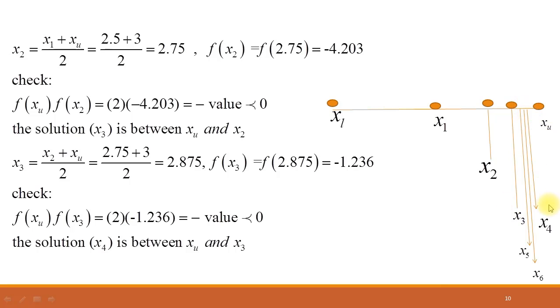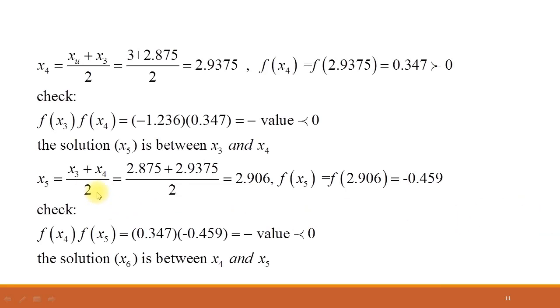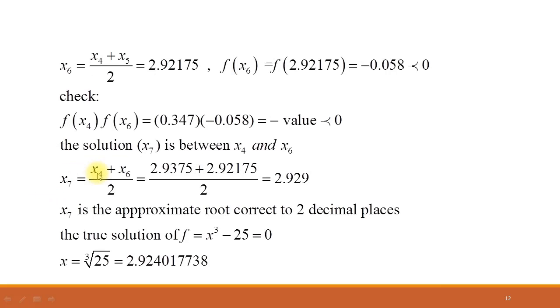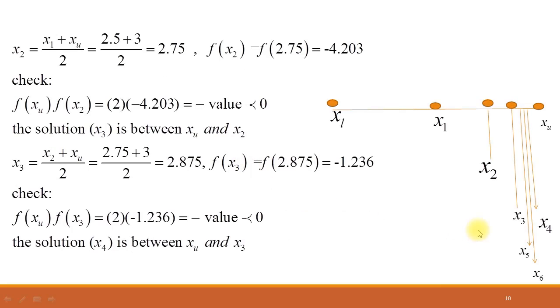So this is x4. Now for the fifth root, you see here the root lies between x3 and x4. Since the function has opposite sign at x3 and x4, x5 will be the mid of x3 and x4.